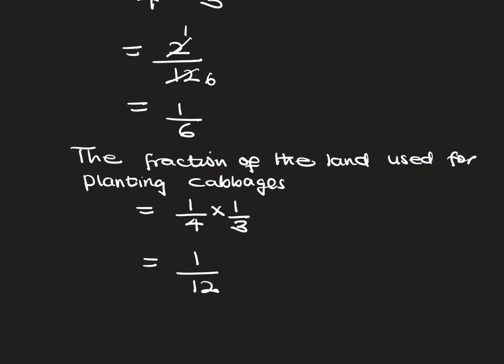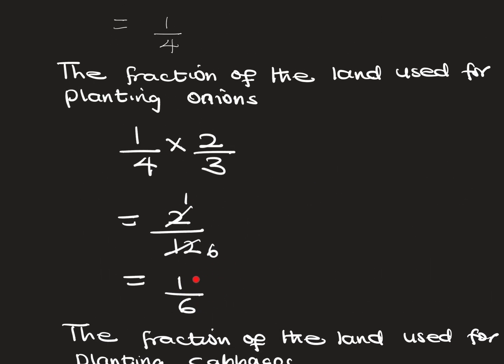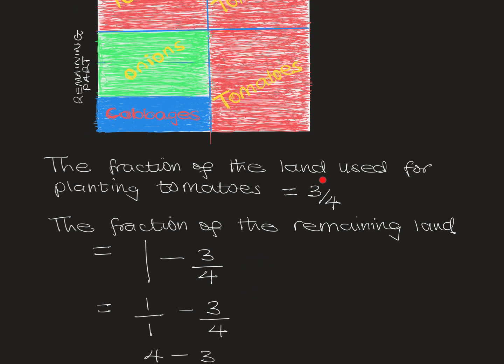To know whether your answer is right or wrong, if you add 1 over 12, which is the fraction of the entire land used for planting cabbages, to 1 over 6, which is the fraction used for planting onions, to 3 over 4, which is the fraction of the land used for planting tomatoes, must be equal to 1.